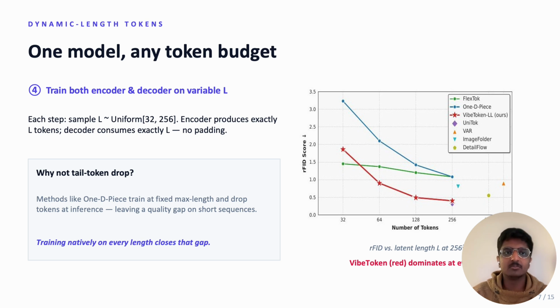To this end, we train both the encoder and decoder model to support variable length encoding. Basically, the encoder can encode images of any resolution and aspect ratio into 32 to 256 tokens without degrading the performance at all. As a result, we get the best Pareto optimal performance and state-of-the-art results.